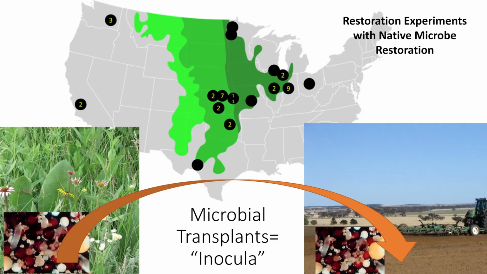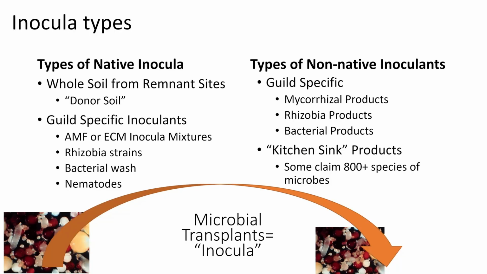That microbial transplant we often call inocula, so another sciencey word. There are a couple of types of inocula I'll be talking about today when I get to my case studies. Mostly I'll be talking about native inocula. Whole soil is as simple as it sounds: we go to a prairie, collect all the soil, and move it around. It's really easy to do, but it's hard to find soil to move around, so that can be the limitation of that strategy.